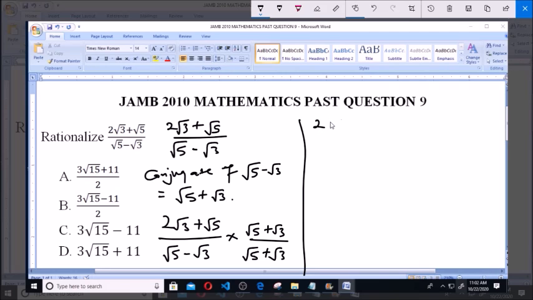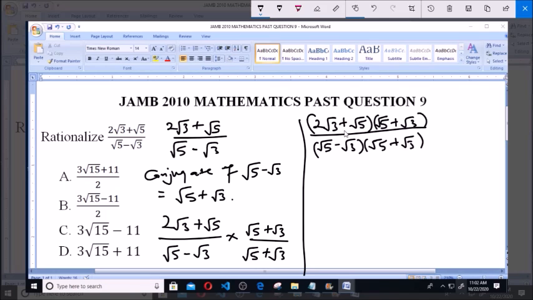Now this will be giving us 2 root 3 plus root 5 into root 5 plus root 3 all over root 5 minus root 3 into root 5 plus root 3.